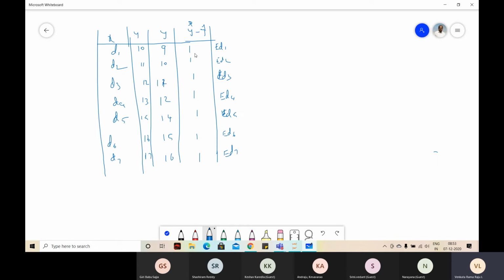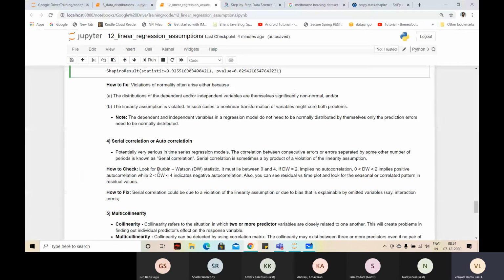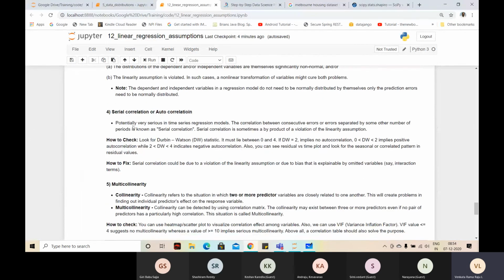I named each of the errors like that. Here we are saying serial correlation. If you look at the statement here, it will be a bit confusing. That's why I tried to draw all that.